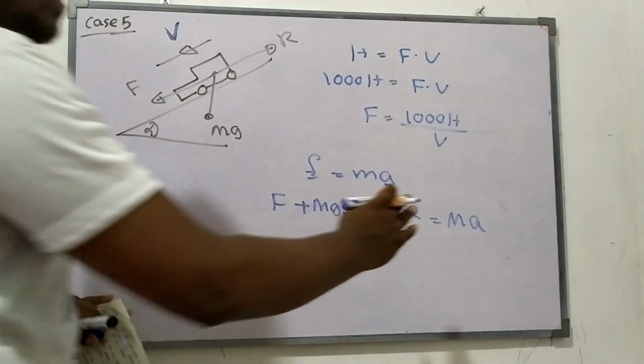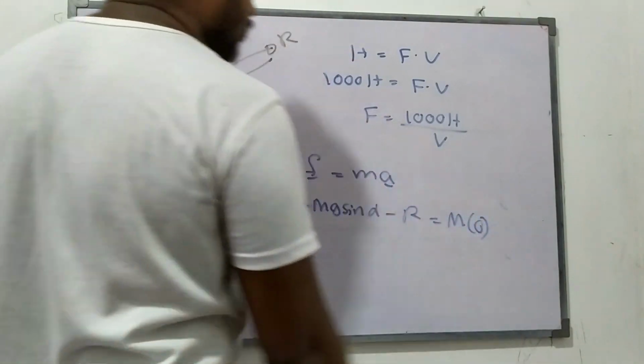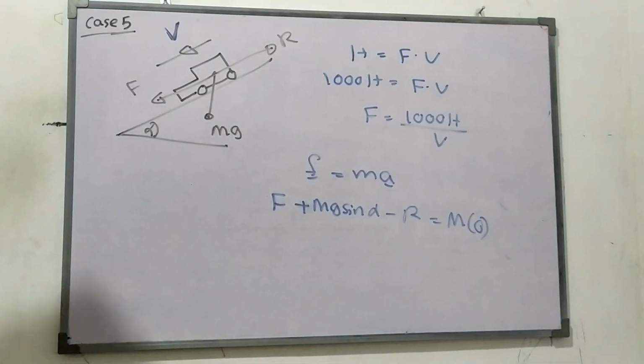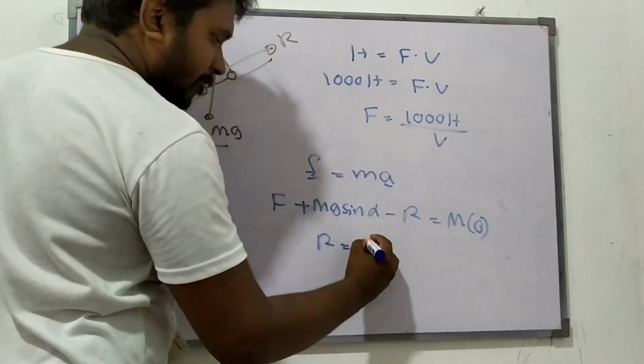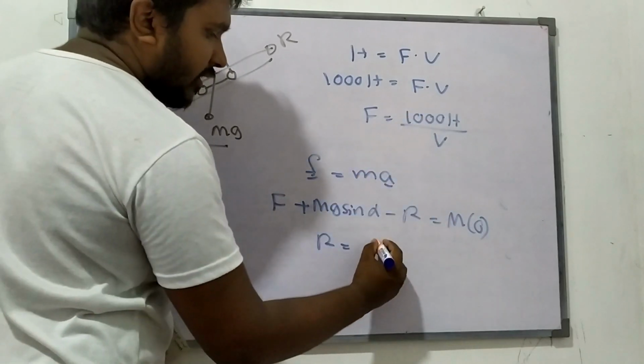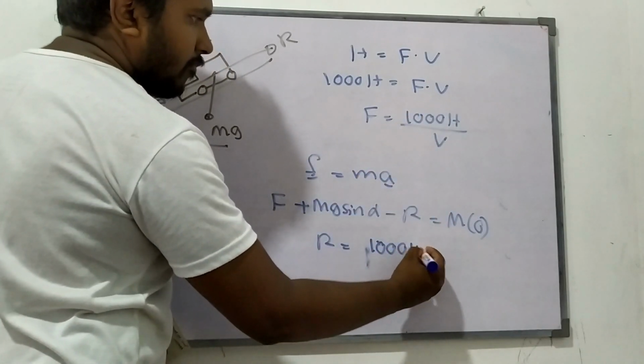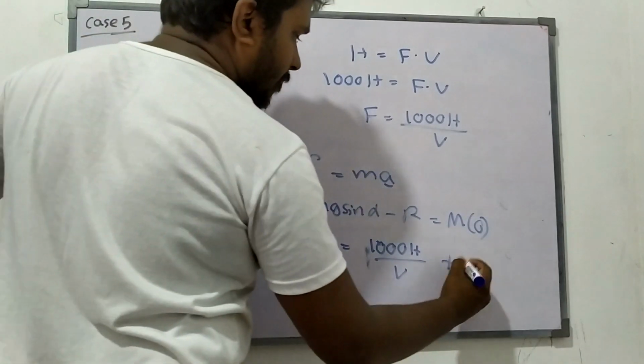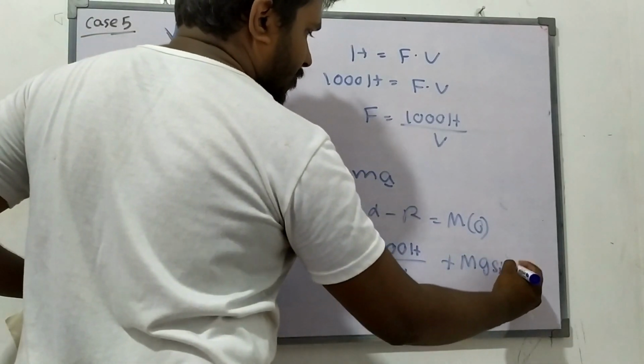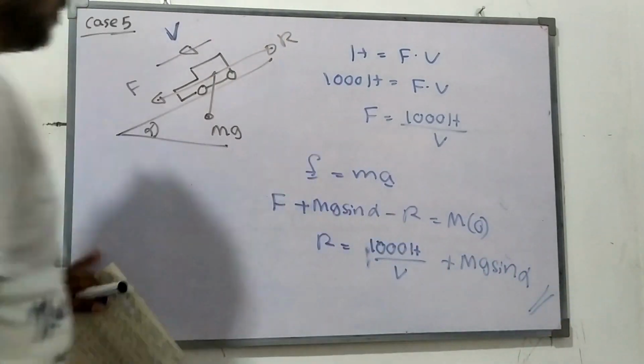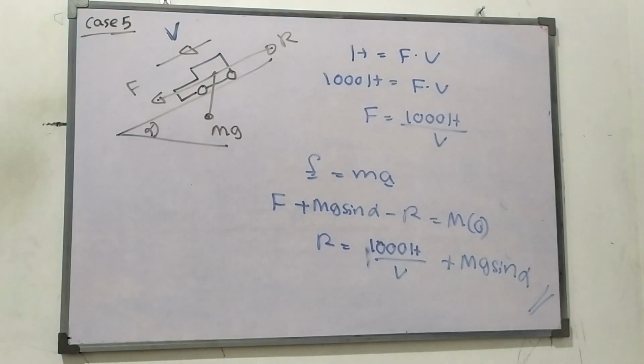But the acceleration is 0, no acceleration. F means 1000 H over v. This is the resistance force.